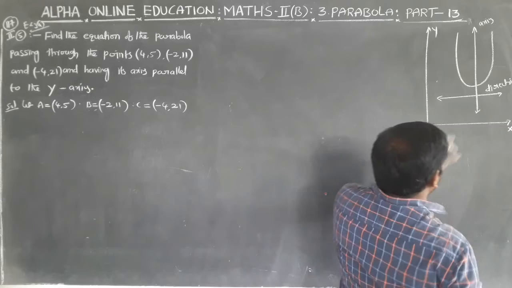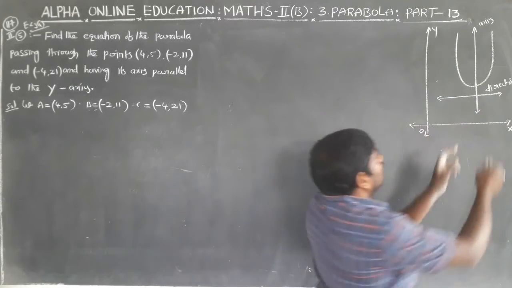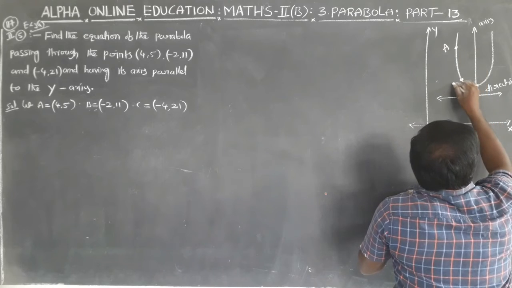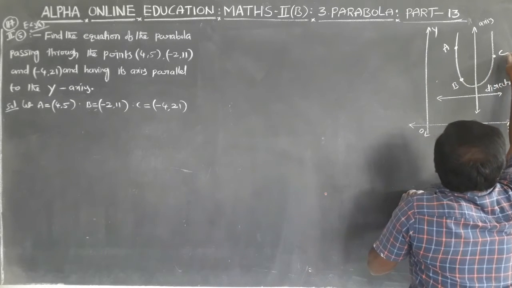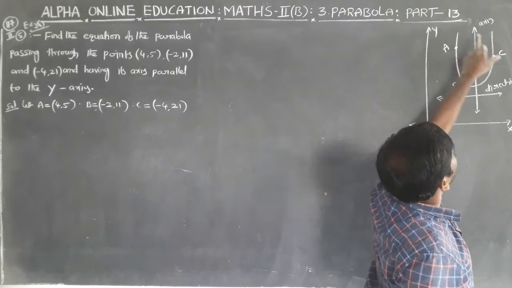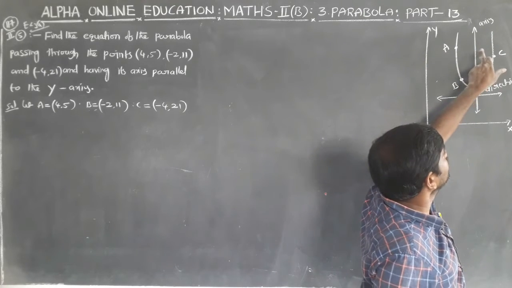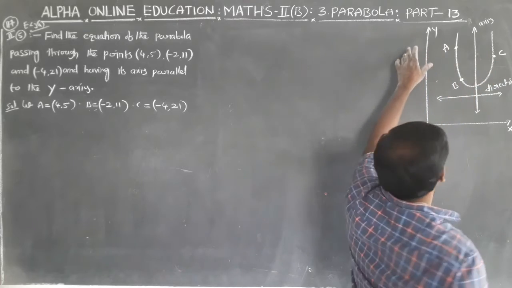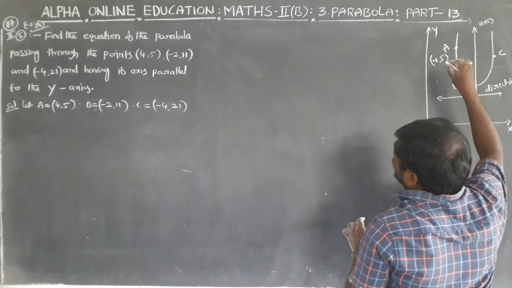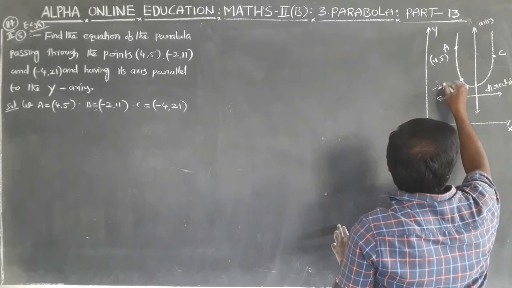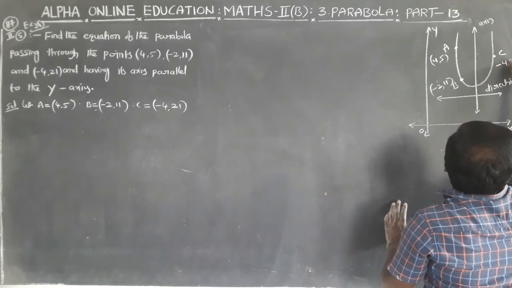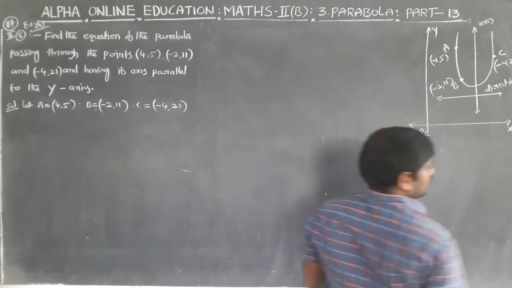Here the equation of the parabola passing through the 3 points A, B and C, and the axis is parallel to the y-axis. A is point (4, 5), B is point (-2, 11), C is point (-4, 21).